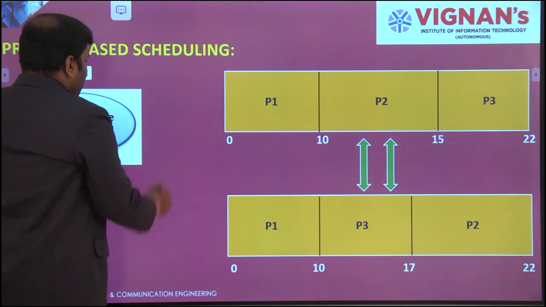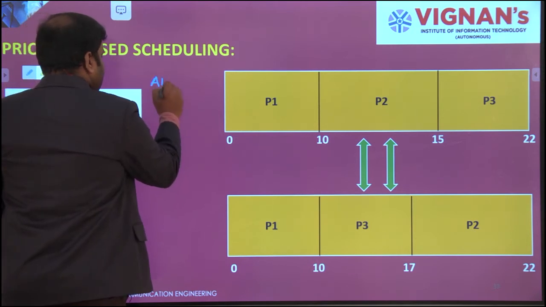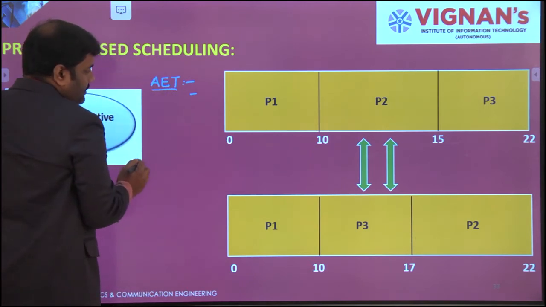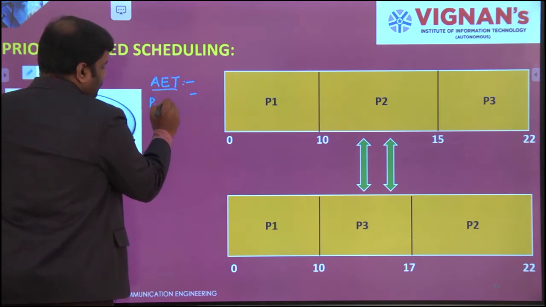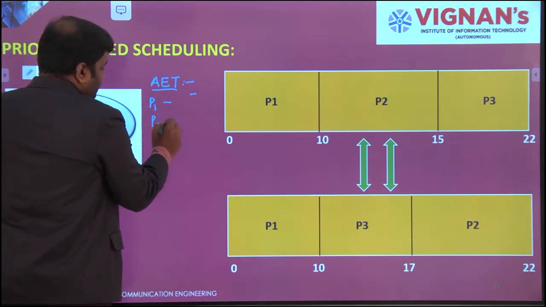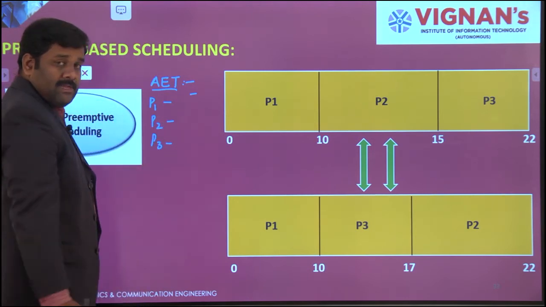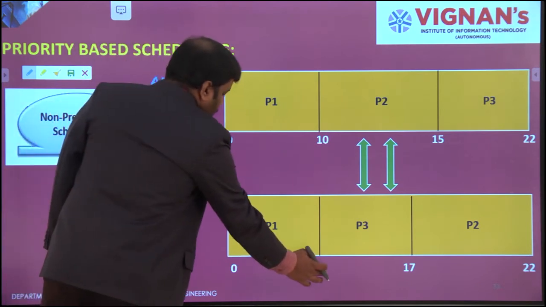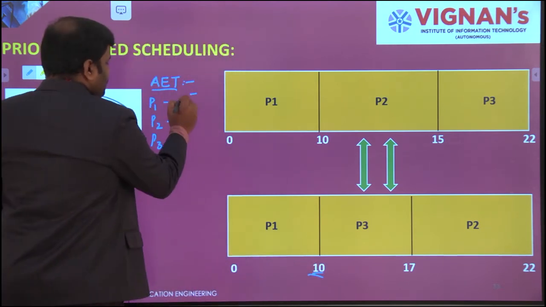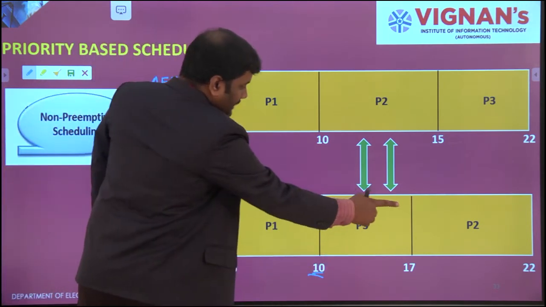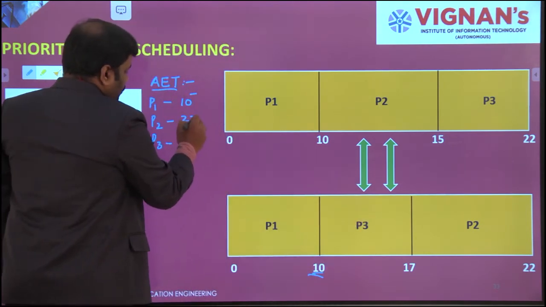And the next one I need to calculate is average execution time, right? So what is the execution time of P1, of P2, and of P3? Let's have a look. P1 executed at 10 seconds. What about P2, the last one? 22.